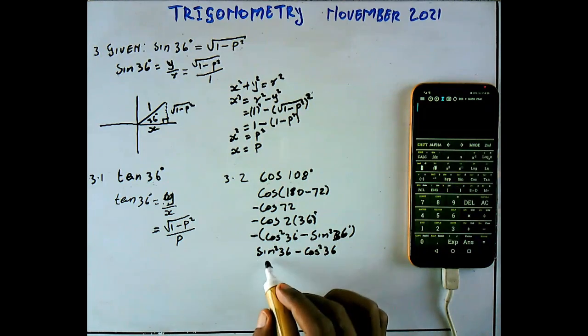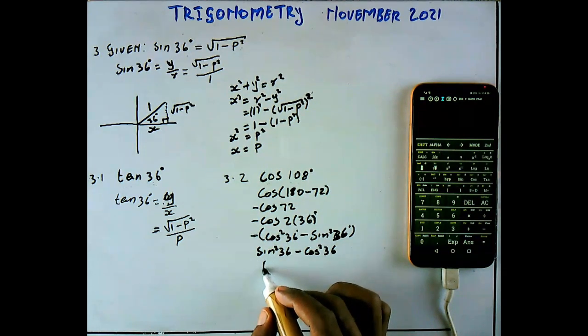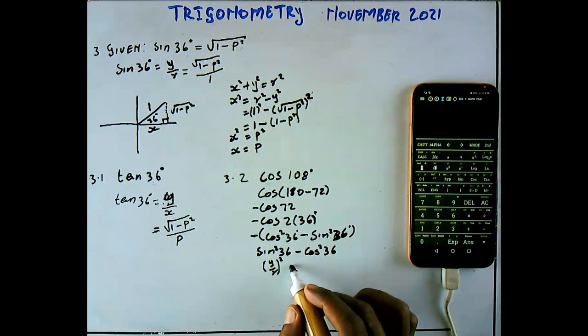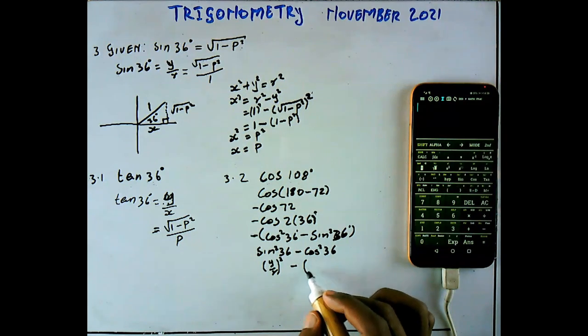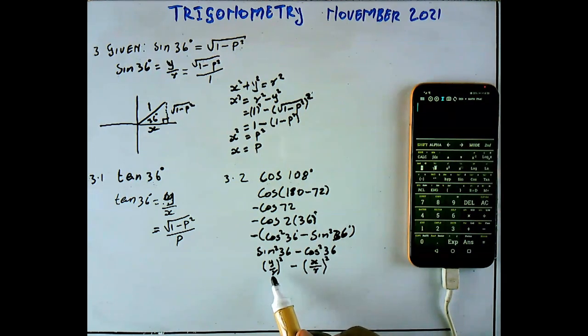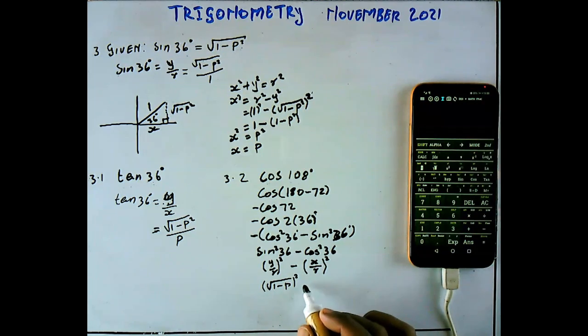And then we know that sine squared is y over r squared, and cos squared is x over r squared. Our r is 1, so we can just put y squared only. Then y squared is 1 minus p squared, minus our x squared, which is p squared.